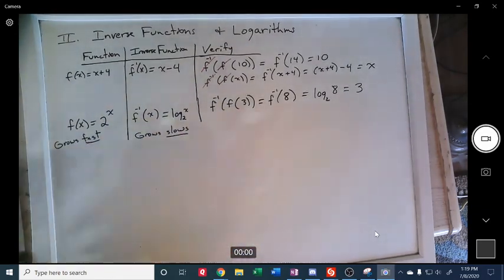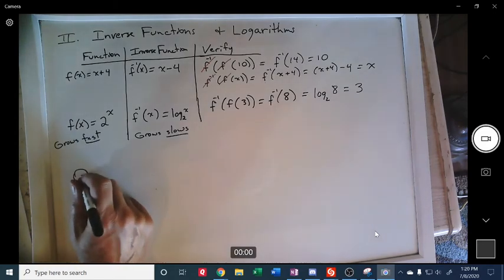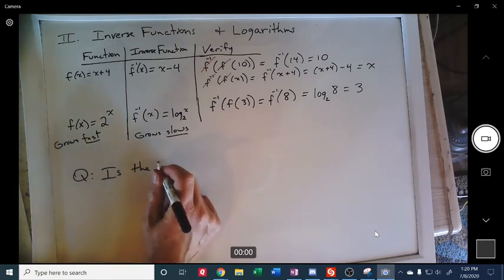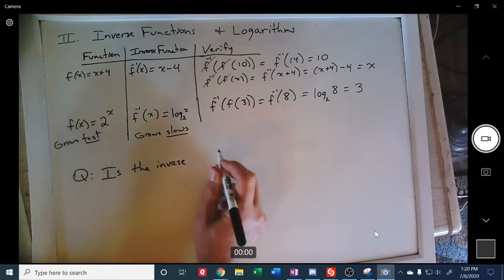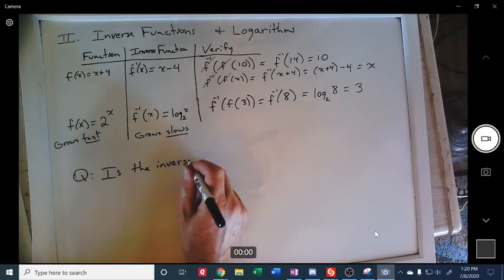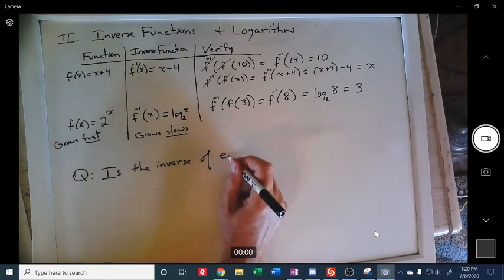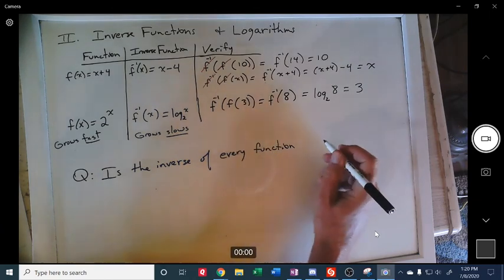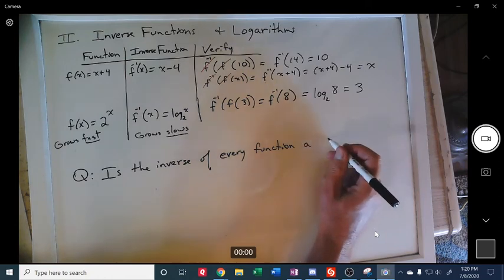And at this point, I have a question. I'm going to have you go into your groups, and then I'll call on a group. The question is, is the inverse of every function a function?